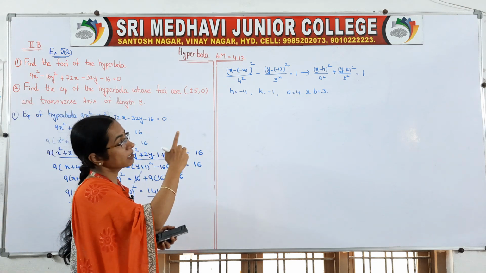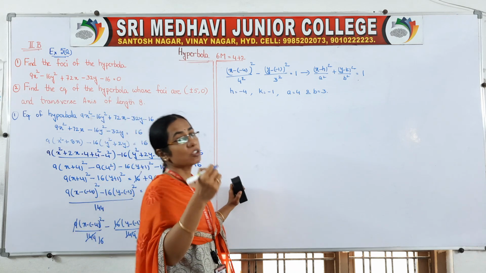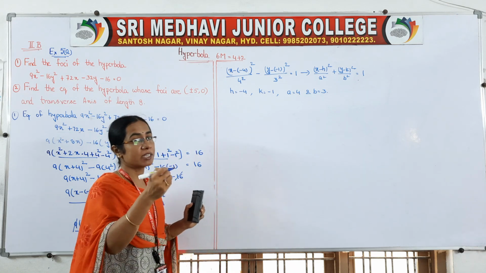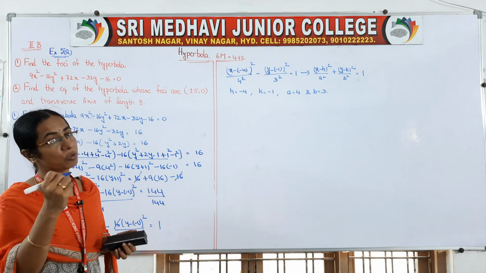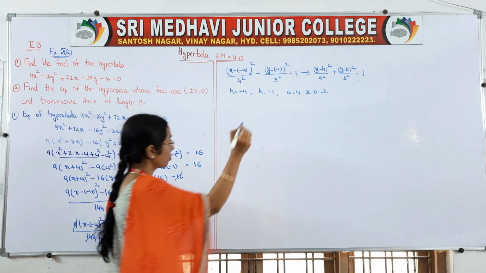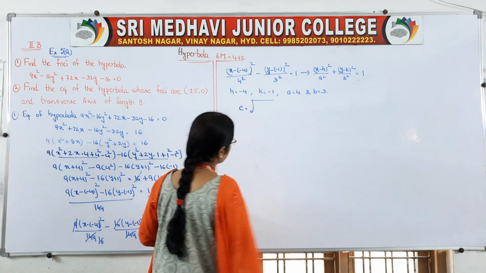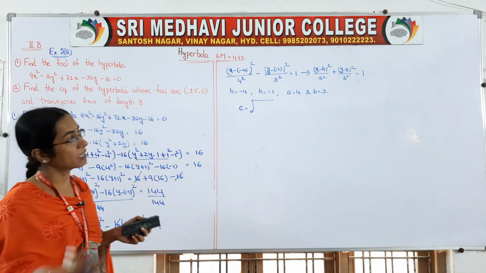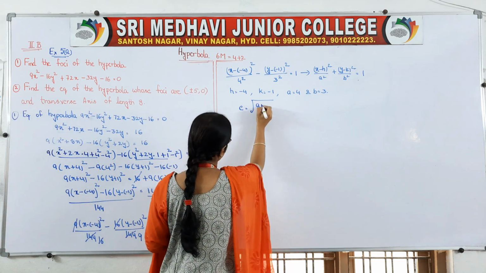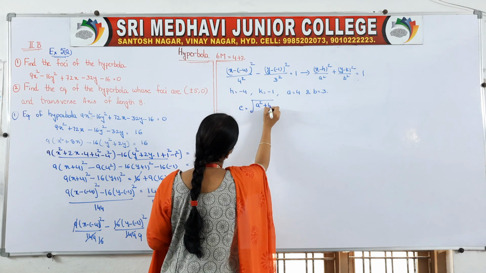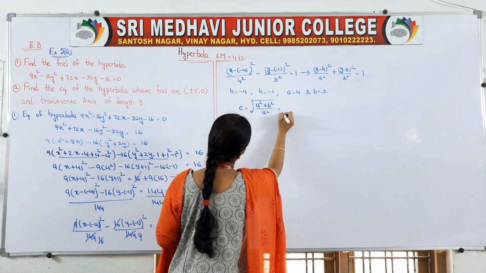So whenever this is the third case, what is your formula for foci? It is h plus or minus ae comma k. That means we need the e value to write our foci. So come on, find out your e. e is equal to eccentricity. Whenever it is the third case, whenever the right side is 1, what I said, the formula for eccentricity is root of a square plus b square by a square only, right?